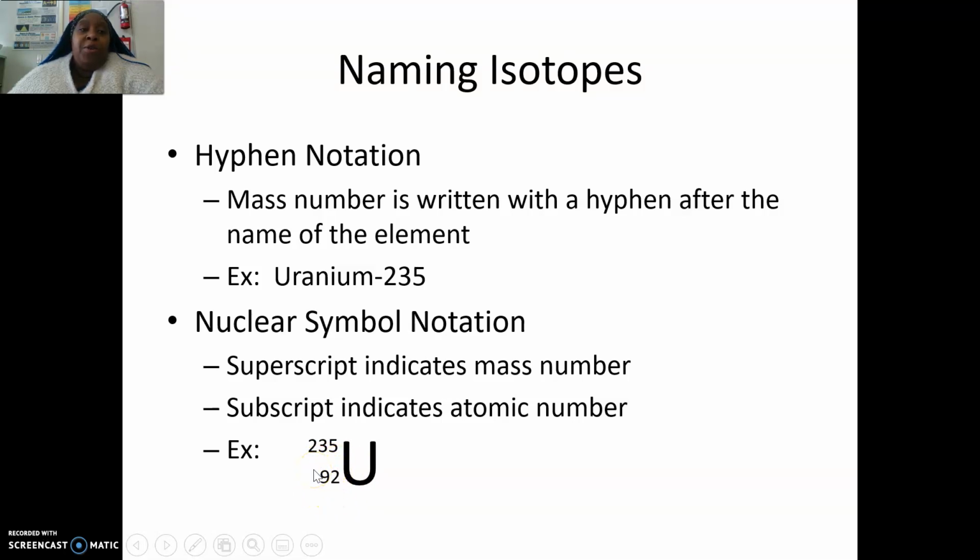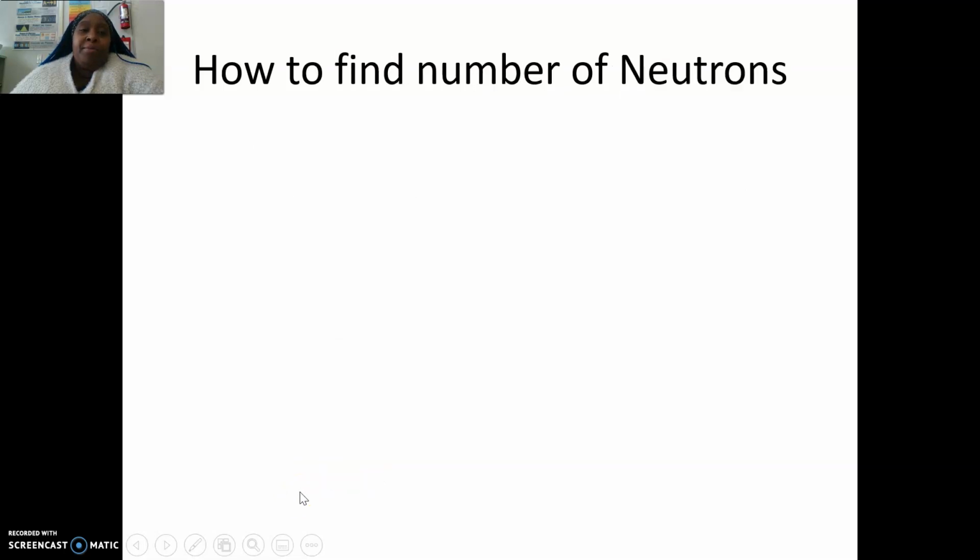So just as a review, the two types of notation are hyphen notation, where you see the whole name of the element written out with a hyphen and then the mass number after that, 235. When we're talking about nuclear symbol notation, you're going to see the abbreviation of the element with the 235 as a superscript, which indicates the mass number, and then the subscript indicates the atomic number, or the number of protons, down below here.